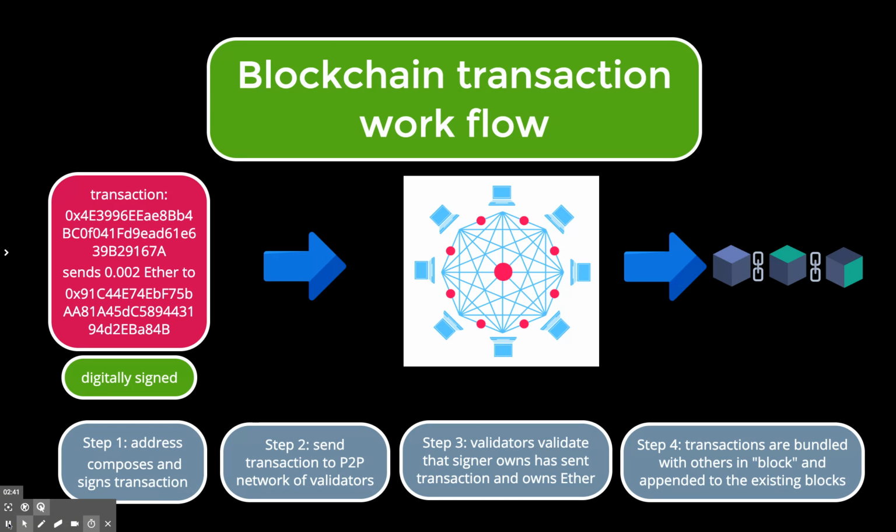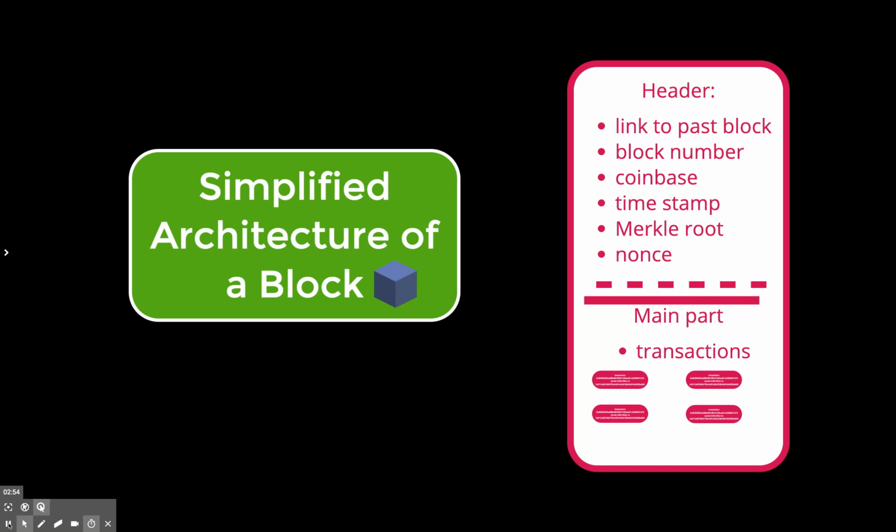So just very briefly, the workflow: the transaction is signed and sent to a peer-to-peer network of validators. They validate that indeed this is a properly signed transaction, and then they're bundled to be put into a block. This is, by the way, just a recap of the last lecture.